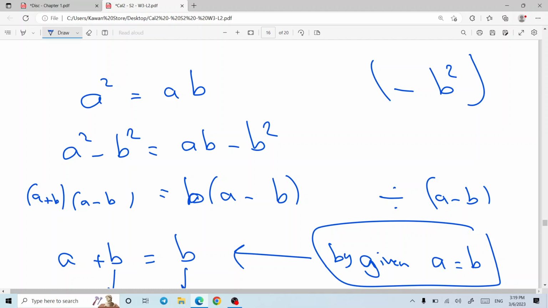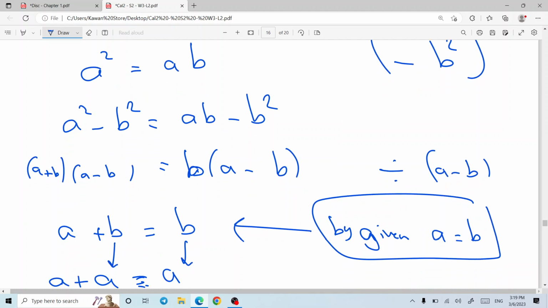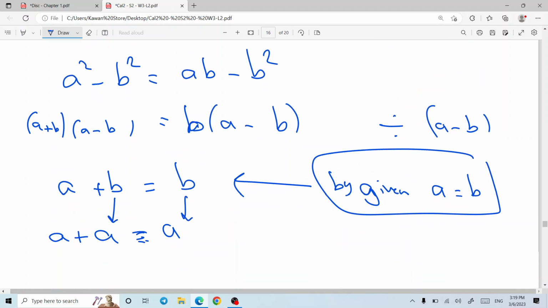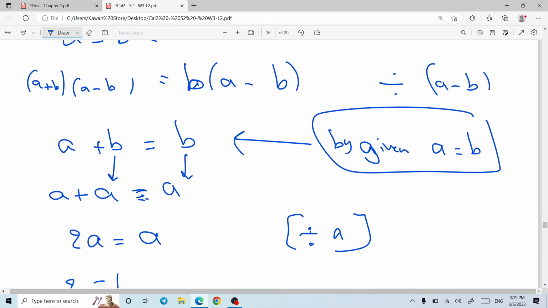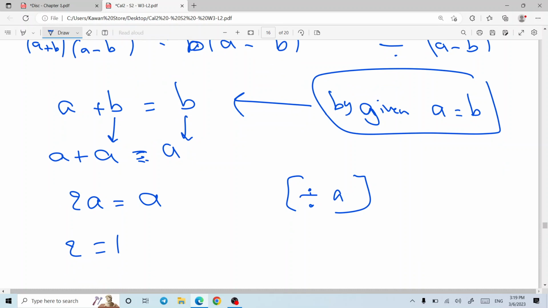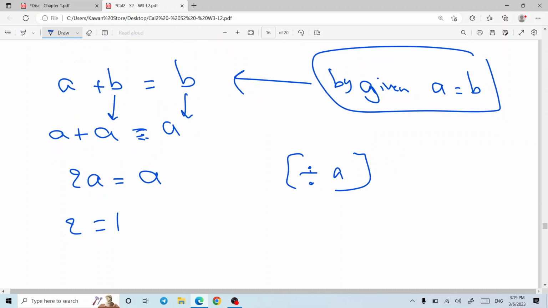That one is the difference between two squares, A plus B times A minus B. B is common, of course, we took a factor. Then we divide by A minus B. Why not? Then we came to that one. Where's the mistake? Why 2 is equal to 1?